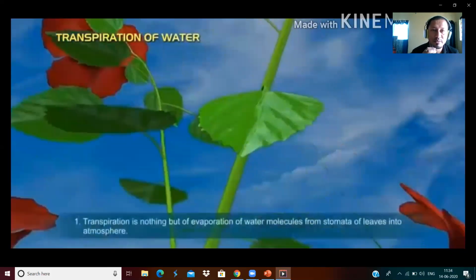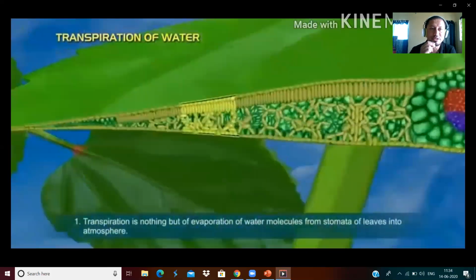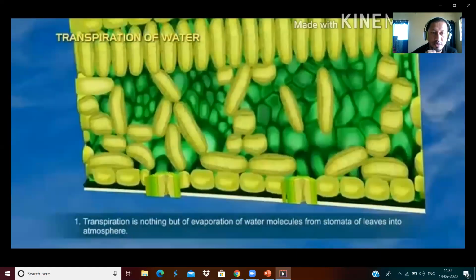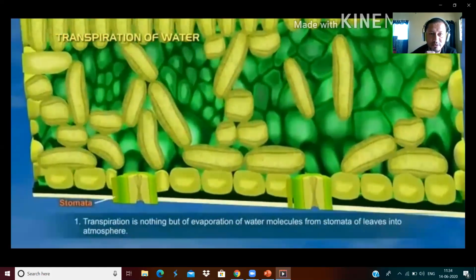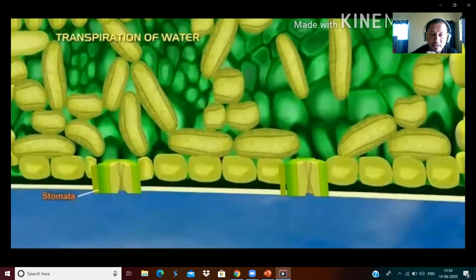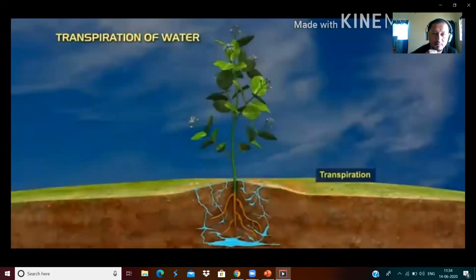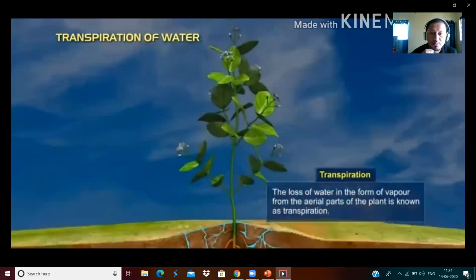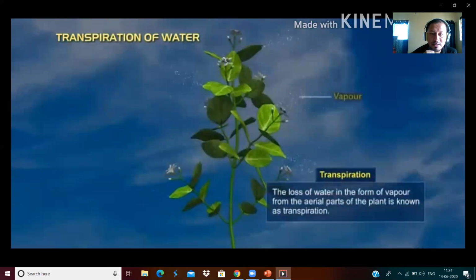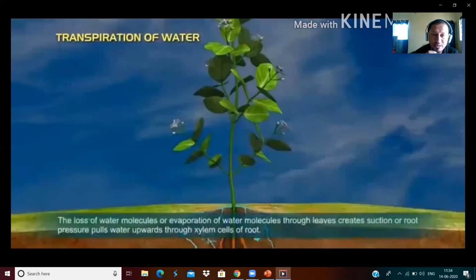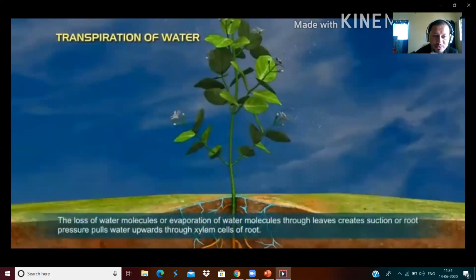The other strategy of water transportation is transpiration, that is the loss of water from the surface of a leaf through stomata. This transpiration, the loss of water from the aerial part of a plant, is accompanied by evaporation, where sunlight plays an important role.